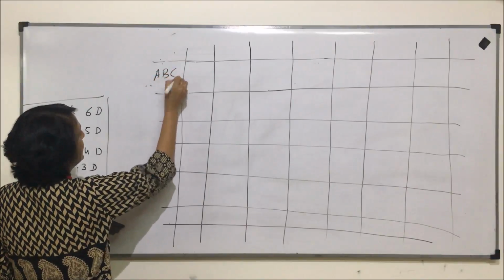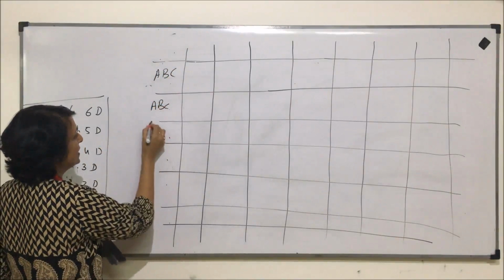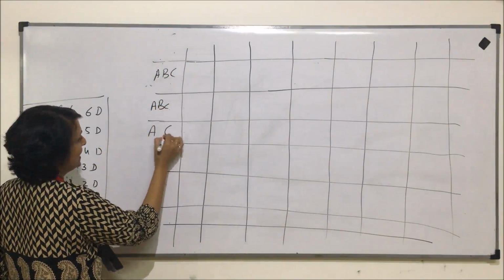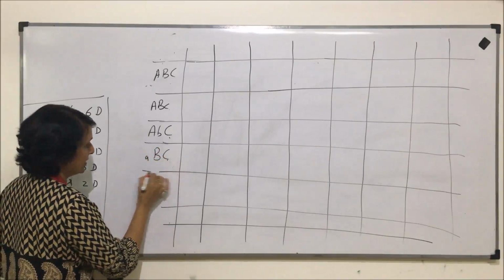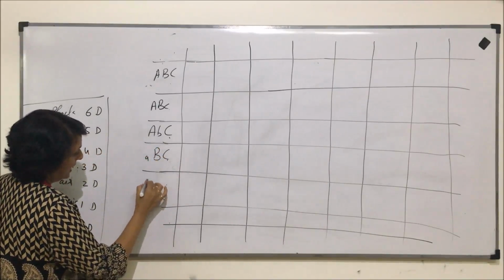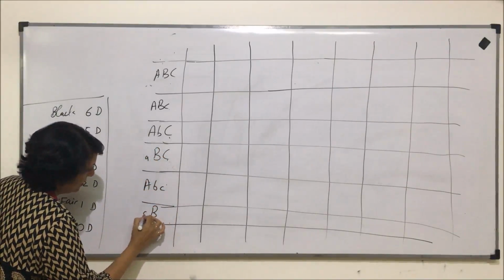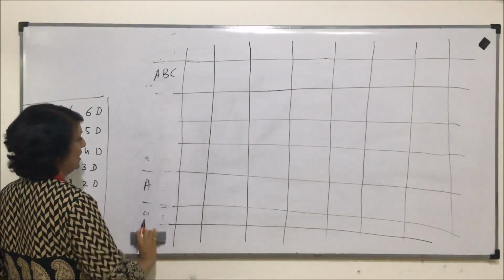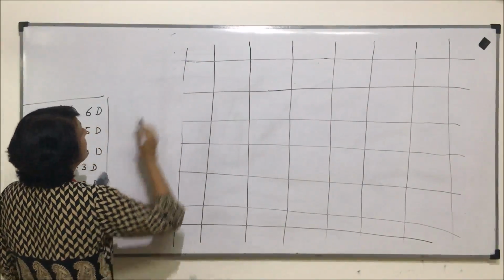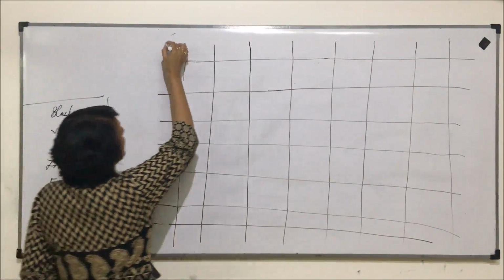A, B, C, 3 dominant, then A, B dominant, C recessive, then A, C dominant, B recessive, then B, C dominant, A recessive. Then A dominant, B, C recessive, B dominant, A and C recessive. Oh, we are short of space. Let me make one more at the top here.